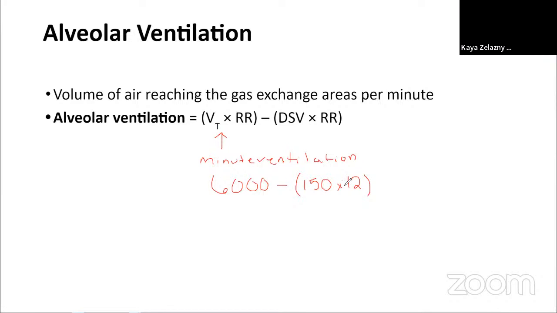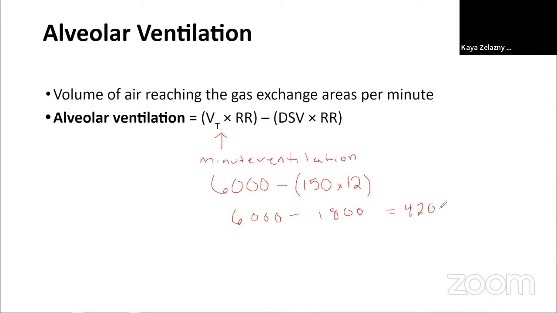Is that right? I think that's about right. So we can see that this number is going to give us less than the 6,000 now. So our actual amount of fresh air, sorry, doing this not on paper is not my strong suit.